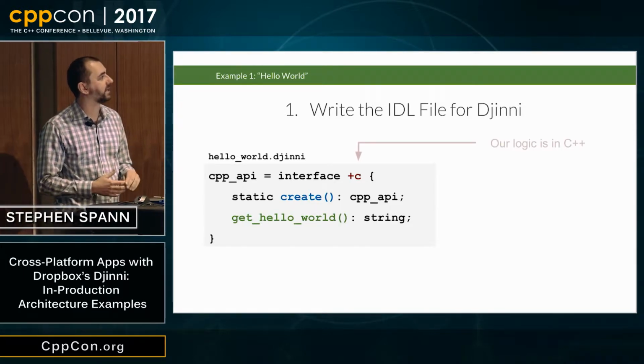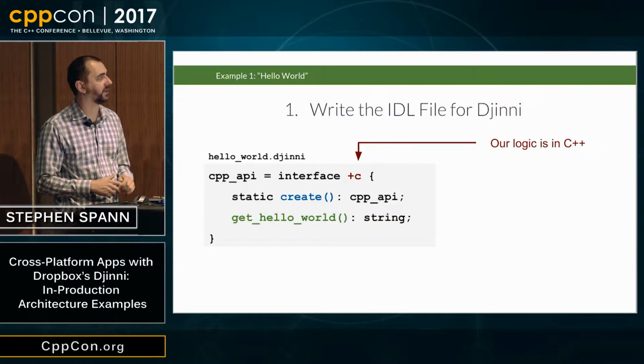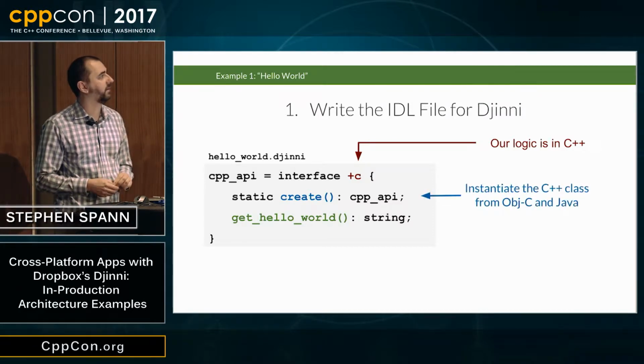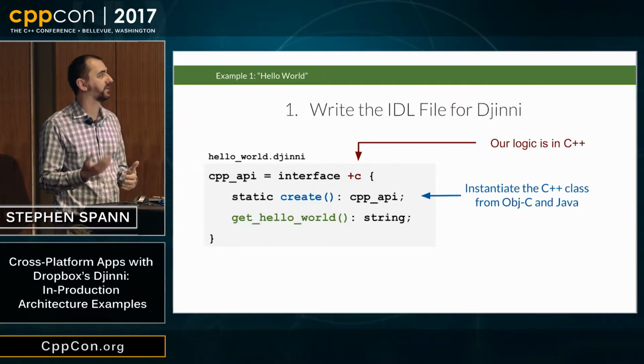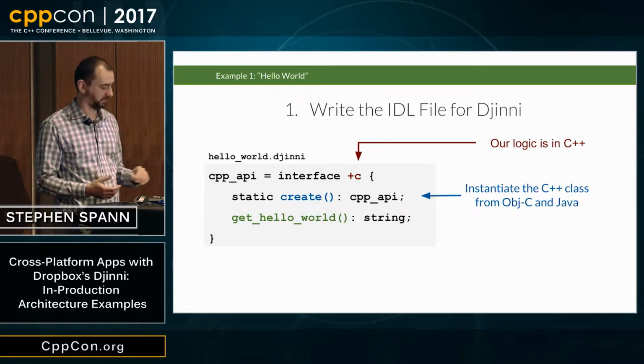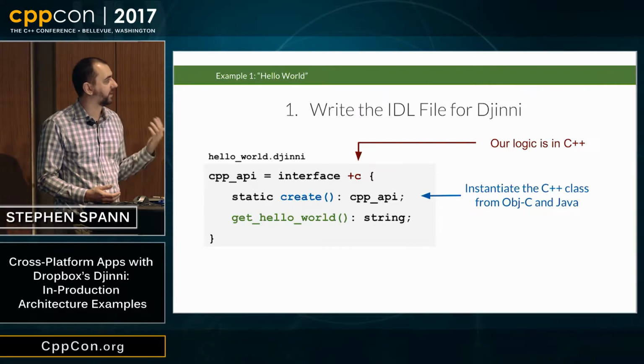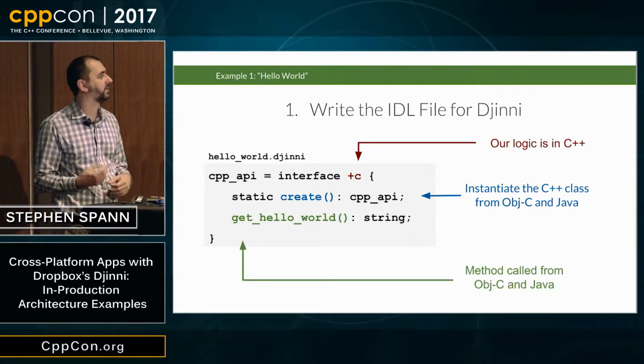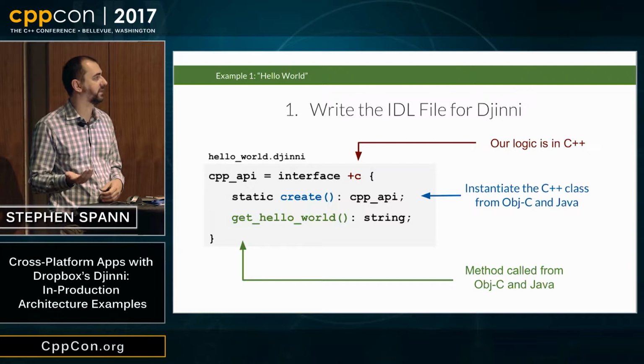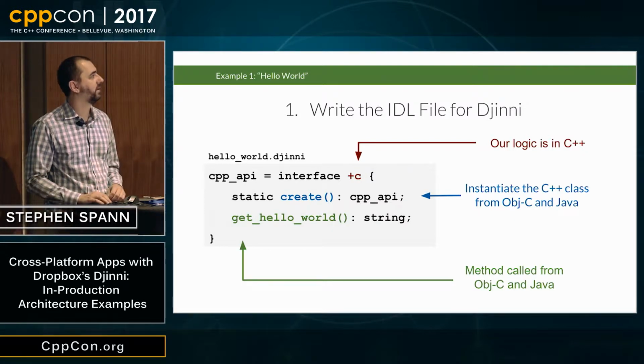That plus C indicates what language we want the interface to exist in. So right now we're just telling it to build a C++ interface. This create method is getting around lack of constructors, kind of. So it's a static method that returns itself that we're going to call from Objective-C and Java. Finally, our method that we're going to call from both Objective-C and Java returns a string. Pretty straightforward.